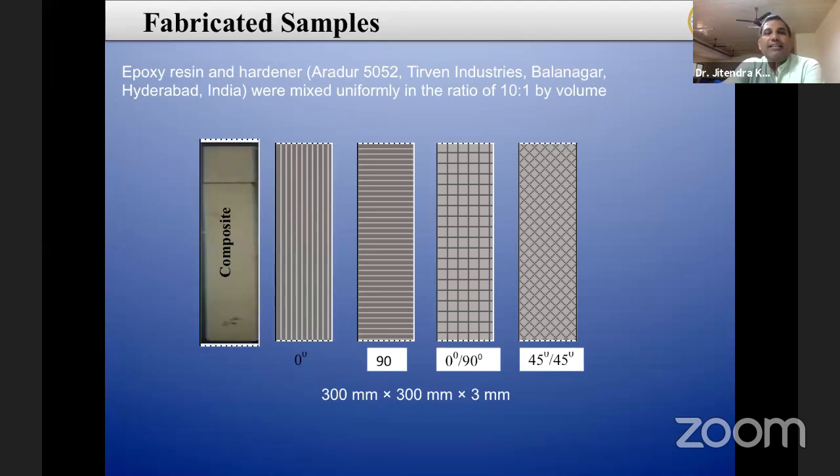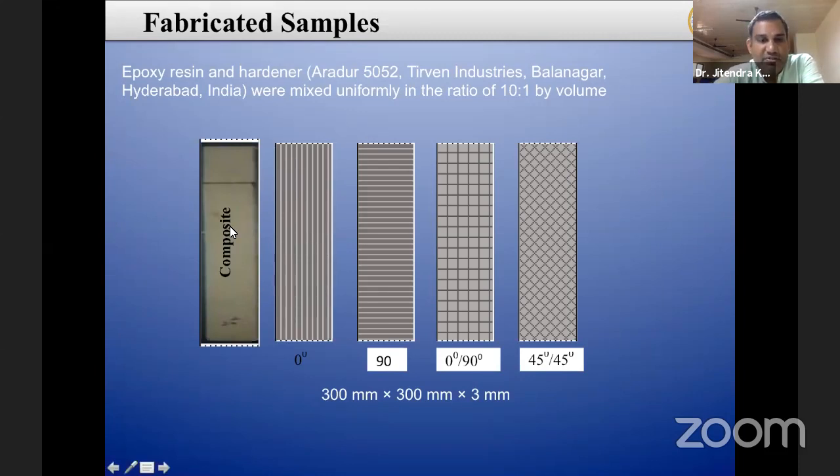In this research, I used epoxy purchased from Triveni Industry, mixed uniformly in a 10 to 1 weight ratio. If 10 gram of epoxy, then 1 gram of hardener, we use in that fabrication.